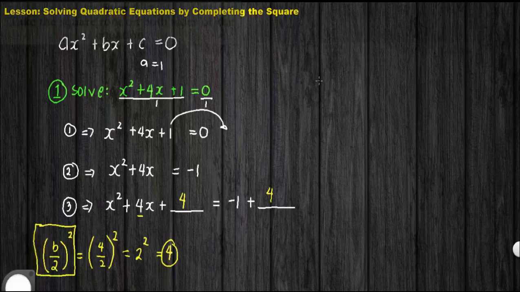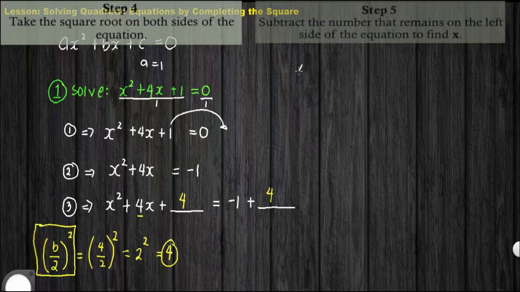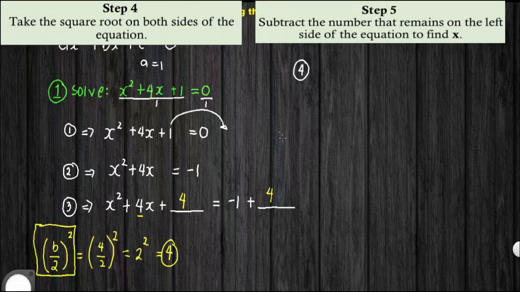Now, for our fourth step, ito yung gagawin natin. Ang kailangan nating sundan na format naman, ito yung kailangan nyong malaman. Meron tayong factor, ito yung magiging factor: x plus b over 2.